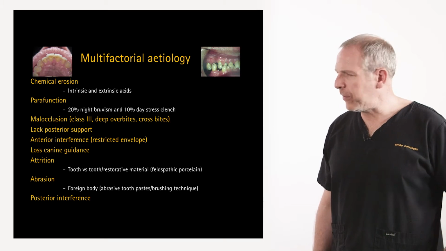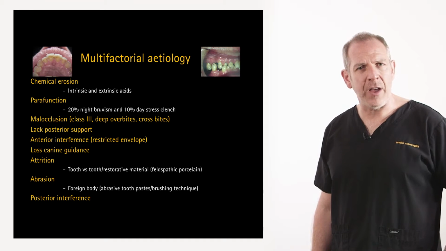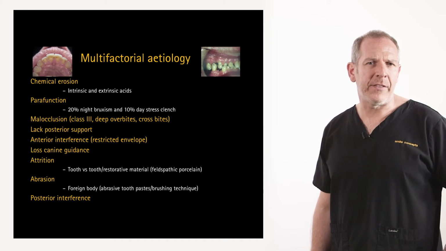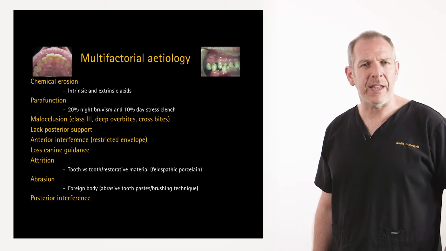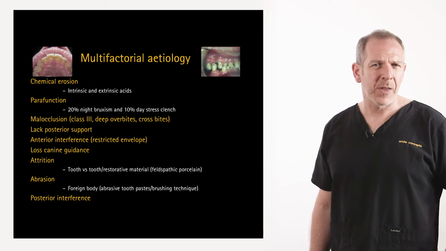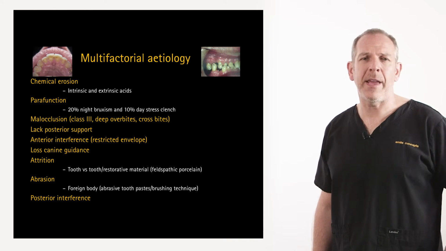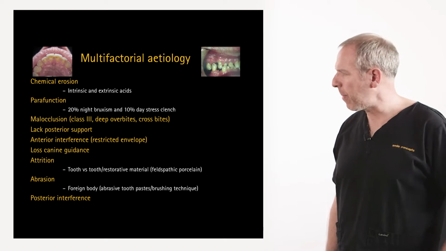And with toothpaste, it's really worth going on the internet, and what you want to look at is the RDA, and that is the relative dentine abrasivity. A toothpaste with anything over 70 RDA would be considered to be abrasive. And a lot of toothpastes on the market are abrasive.